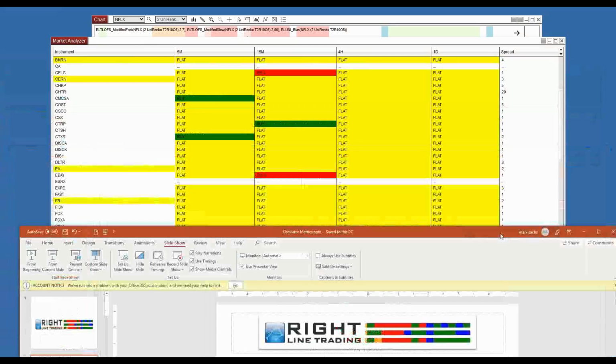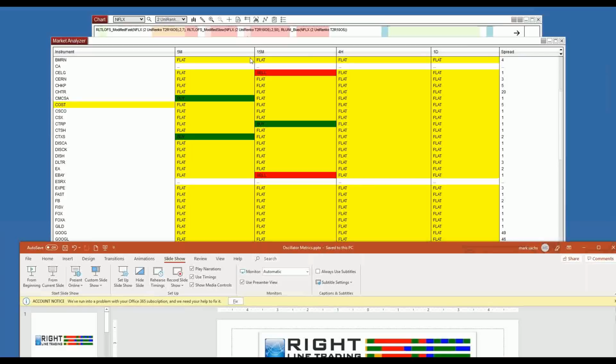And the number of columns that you want to see green or red depend on what you want to do. If you want to simply take a day trade that's going to last 30 seconds to 90 seconds, you don't care what the 4 hour or the 1 day is doing. It doesn't matter. You may only pay attention to the 5-minute and the 15-minute.